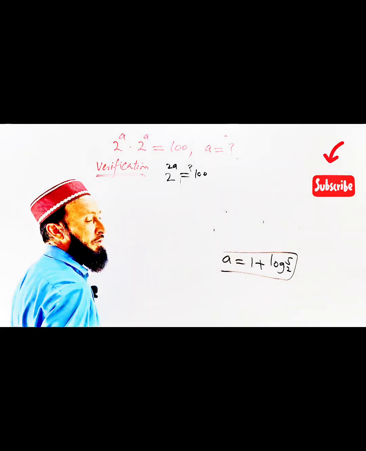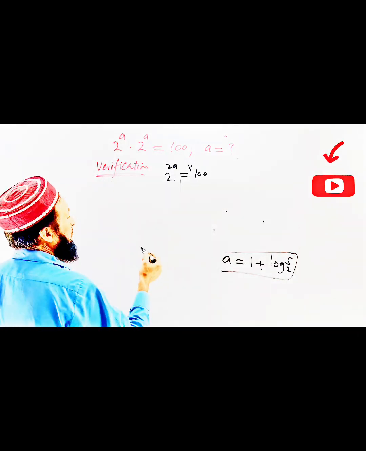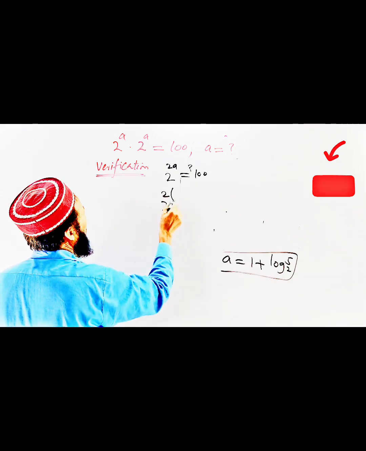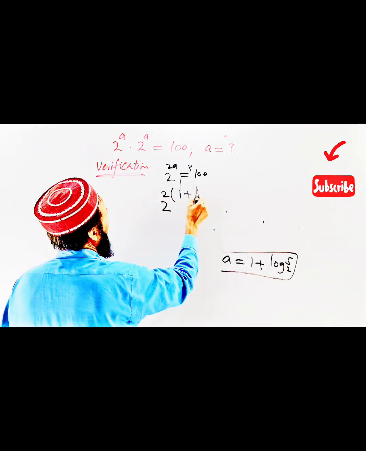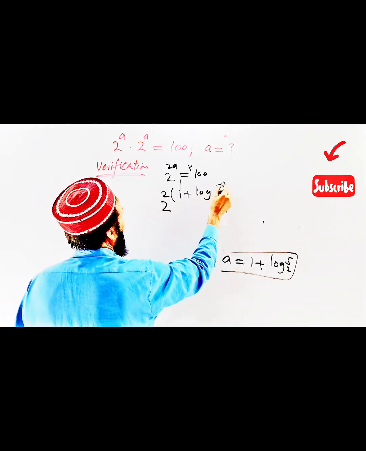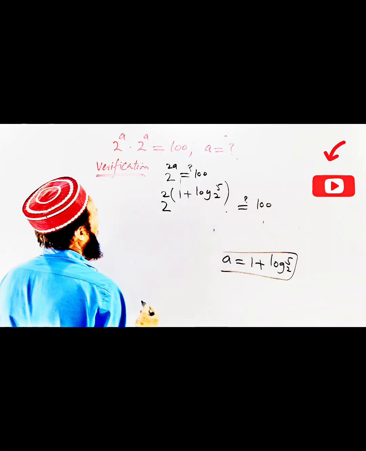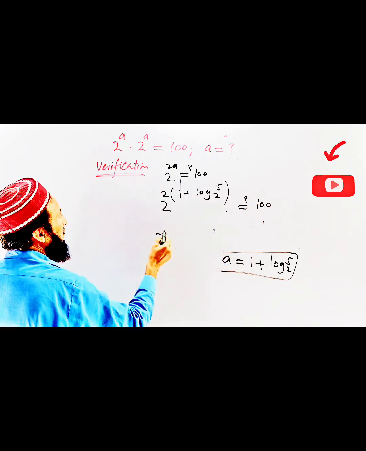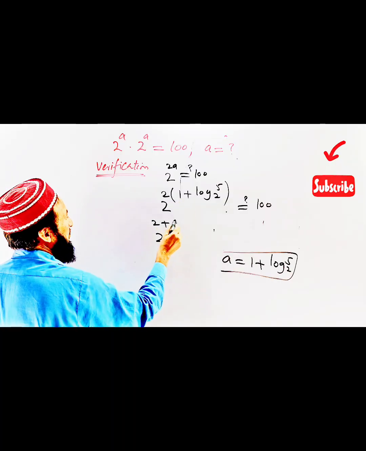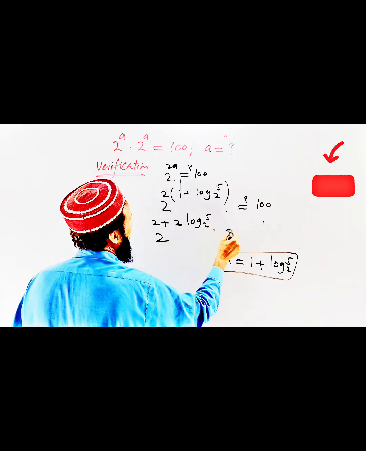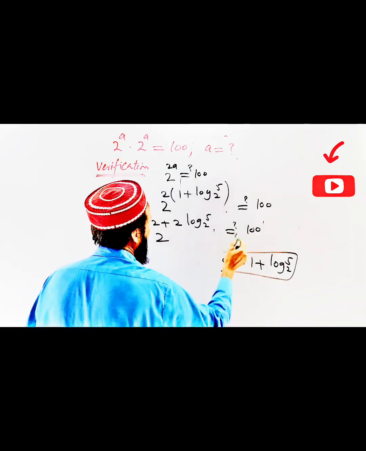In place of a we put the value of a, which is 1 plus log of 5 base 2. So 2 exponent 2 times (1 plus log of 5 base 2) is question mark 100. Now according to the rule, we multiply this term: 2 plus 2 log of 5 base 2.